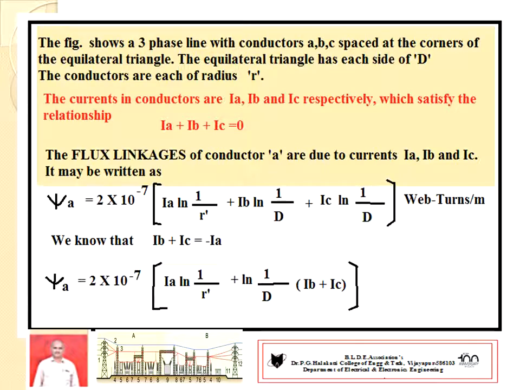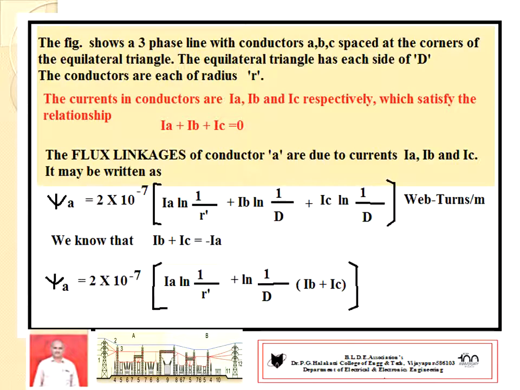Hence, while calculating the flux linkage of a conductor, we have to consider the effects of all three currents IA, IB, IC. By considering these, flux linkage of A may be written as 2 into 10 to the power of minus 7 [IA ln 1 by r dash, IB ln 1 by d, IC ln 1 by d] Weber turns per meter.